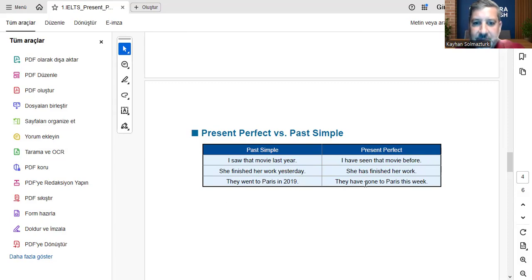So, they went to Paris in 2019, and they have gone to Paris this week. With a specific time, simple past, it's finished, verb two: go, went. And they have gone to Paris this week, and this specific week hasn't been completed and they're still in Paris.